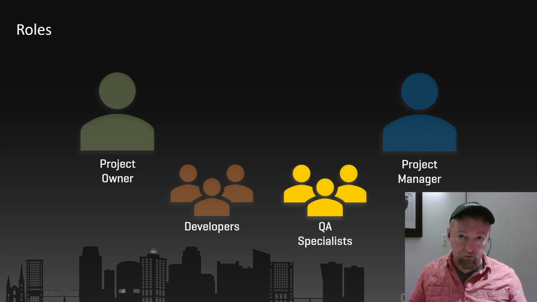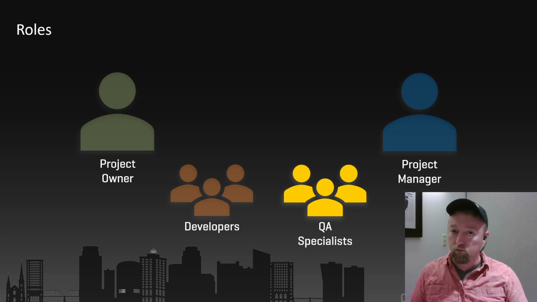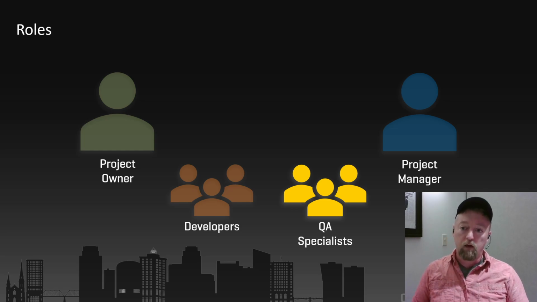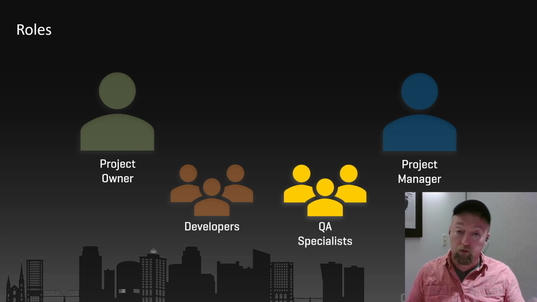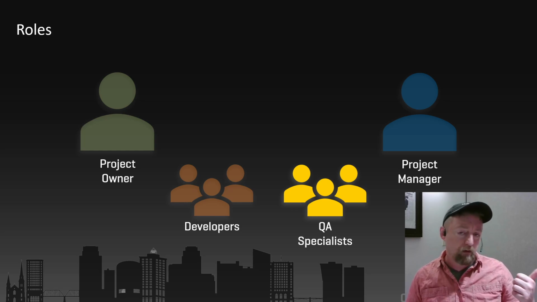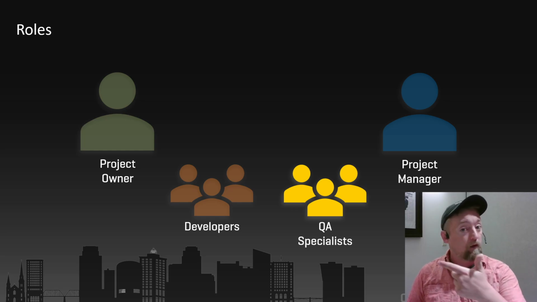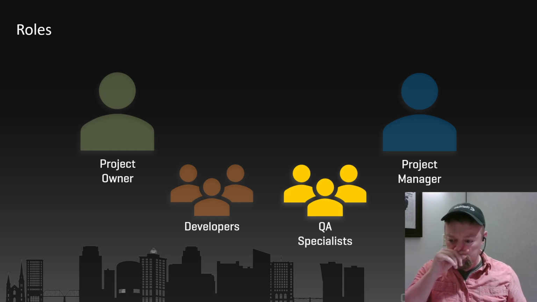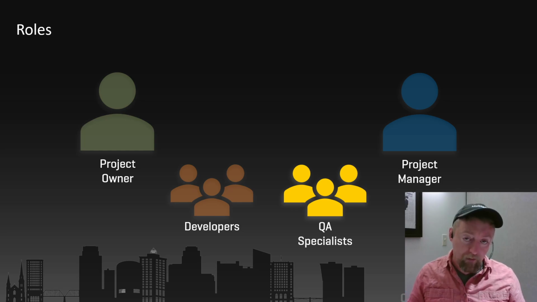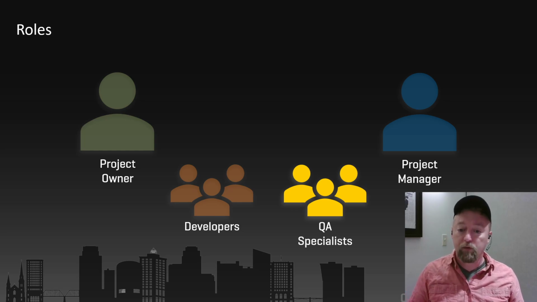Quality assurance specialists or quality assurance analysts, we use both terms, they do what they say on the label. They are here to make sure that the work we do meets Configura standards for quality, and in some cases, where they have the training to do so, they will also speak to the standards of quality that the manufacturer requires. This isn't super common, but it happens, and it's actually pretty nice when it does happen.